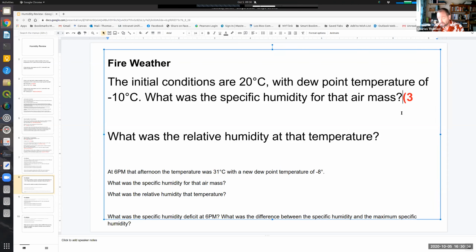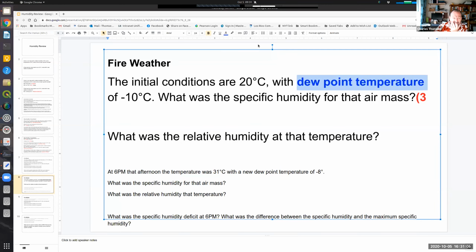It's that deal where there are three parts to it. If you know the temperature and the specific, you know what the relative is. If you know the temperature and the relative, you know what the specific is. And if you knew the relative and the specific, you could calculate the temperature. But in this case, the important piece of information is the dew point temperature. So I'm just going to put that in bold and make it blue.